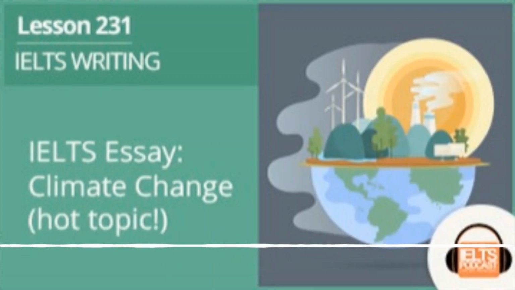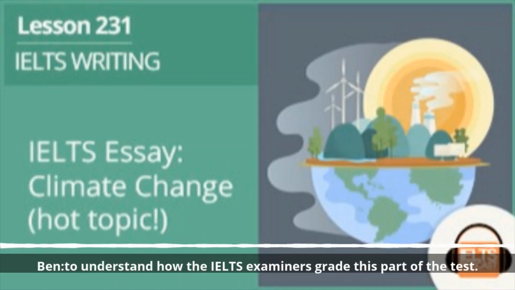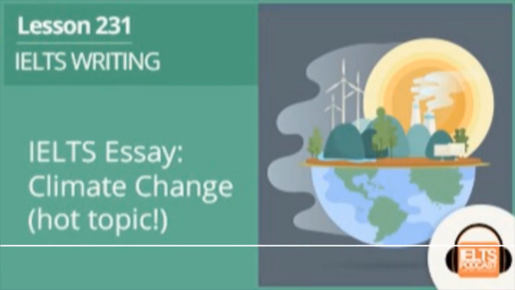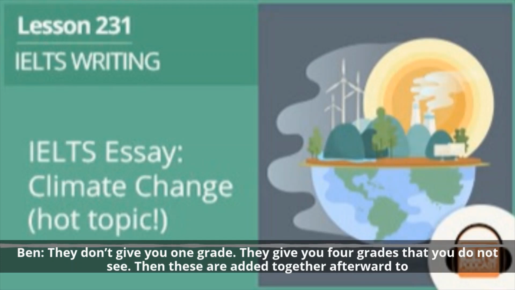So before we jump into this tutorial, it's very important to understand how the IELTS examiners grade this part of the test. They don't give you one grade. They give you 4 grades that you do not see.